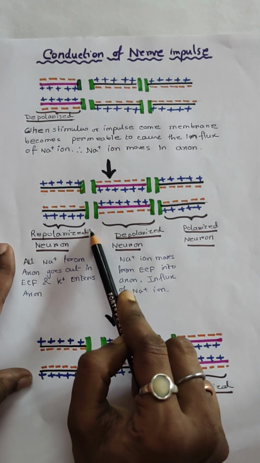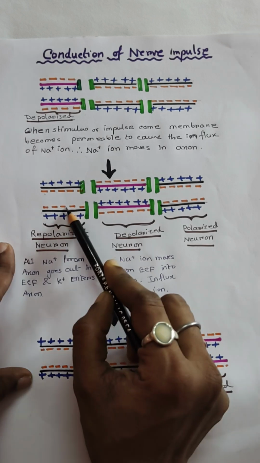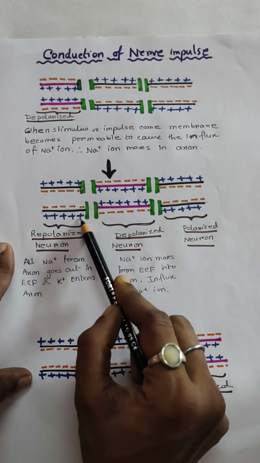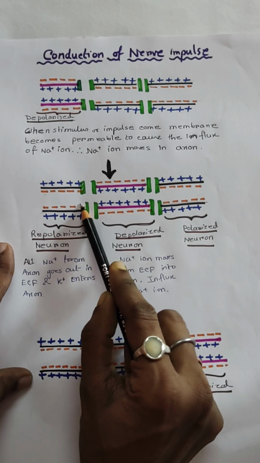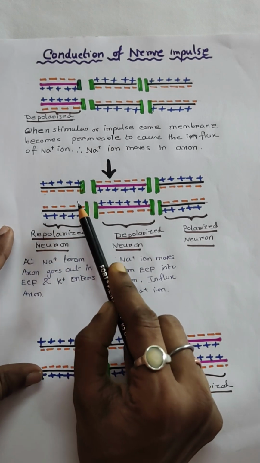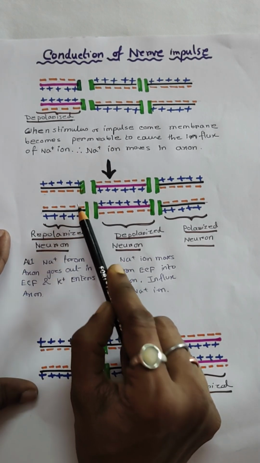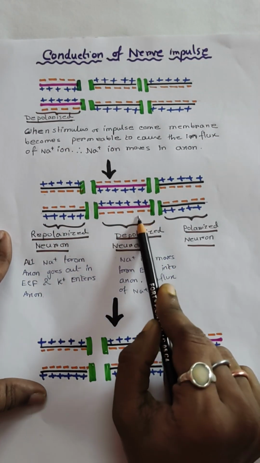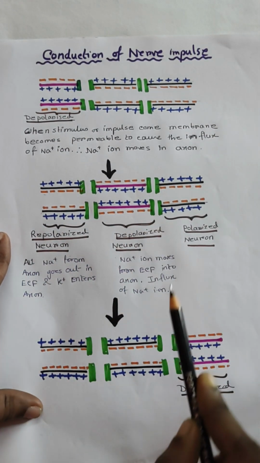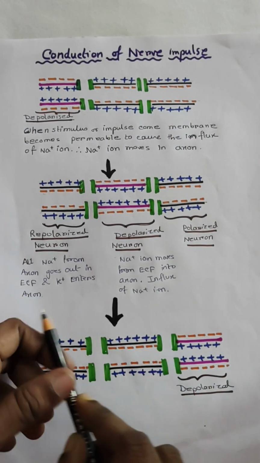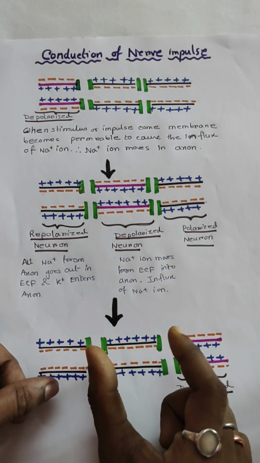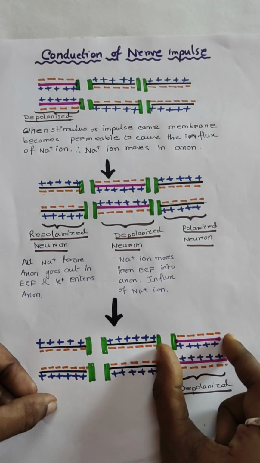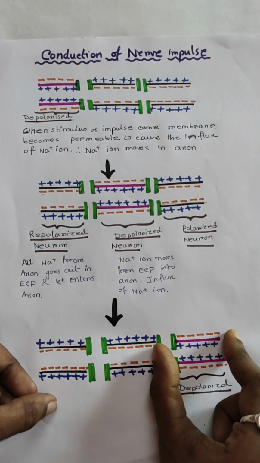What happened in repolarization? In the repolarized neuron, sodium gets out of the membrane and potassium enters into the membrane. So the inner side becomes negative and the outer side becomes positive. And the second part becomes depolarized. And then for the next step, the second part becomes repolarized and the next part becomes depolarized.